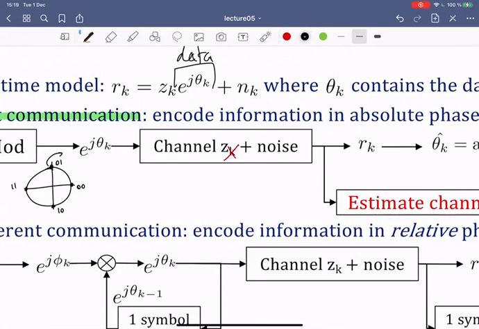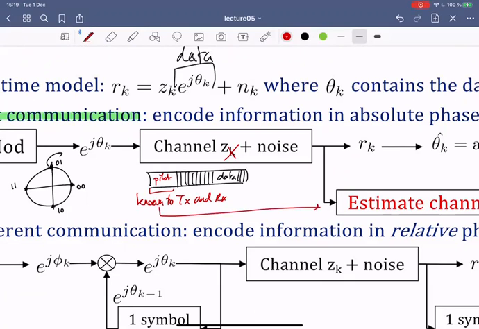What we can then do is we send a data packet, which looks like this, where here we have all our data. And this here is a pilot. And this pilot is known to the transmitter and receiver. This pilot allows us to estimate the channel, because then we have an observation, right, where we know R, we know the data, and we want to figure out Z. So that's an easy problem.